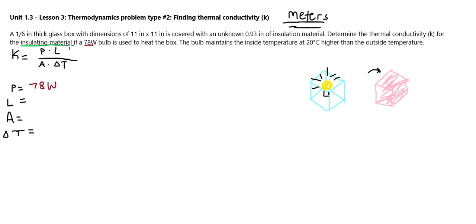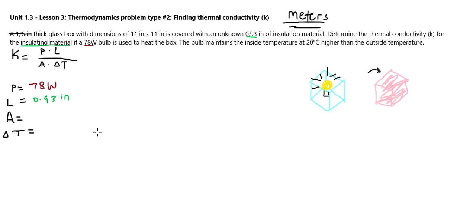That means that it is worthless to say what the glass box thickness is. We want to know what the insulation thickness is. That's 0.93 inches. Now, you may get problems like this where you're just not going to use something that's given. That is worthless to what we're trying to do. So, forget that. That's trying to throw you off.